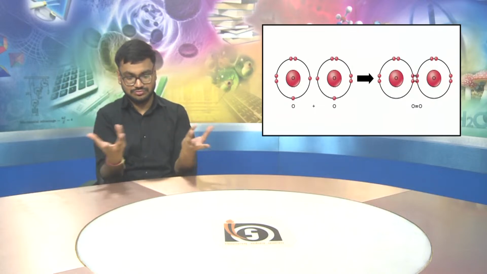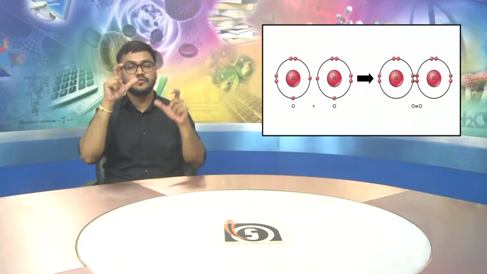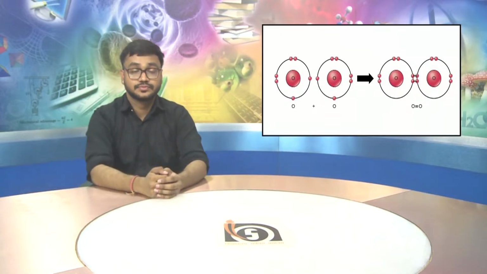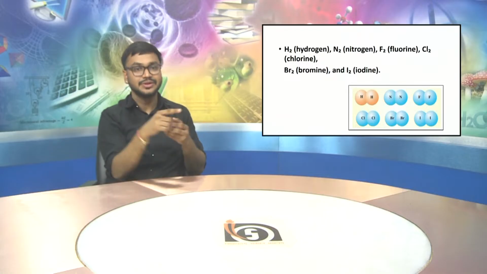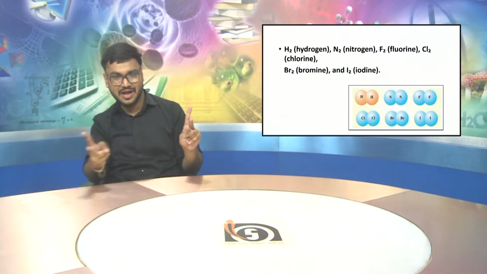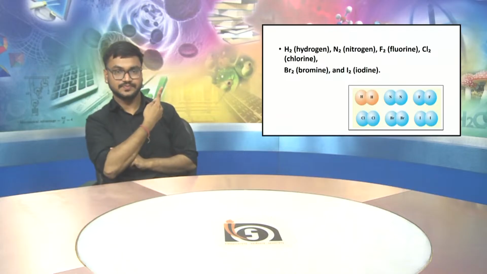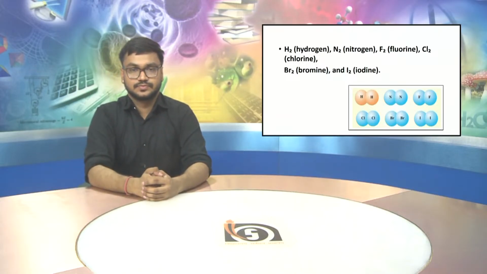There is a figure showing how an oxygen molecule is made. The diatomic molecules are H2, which is hydrogen, N2, which is nitrogen, etc.